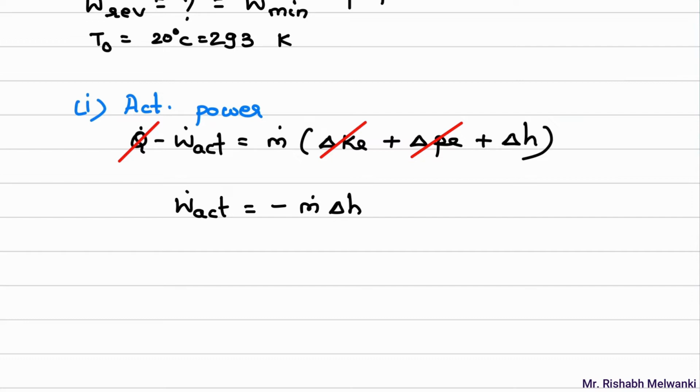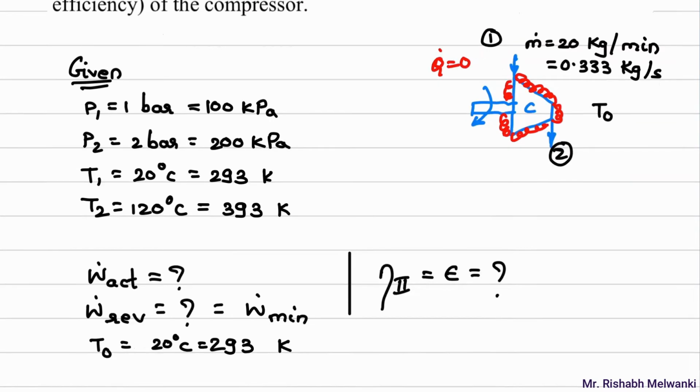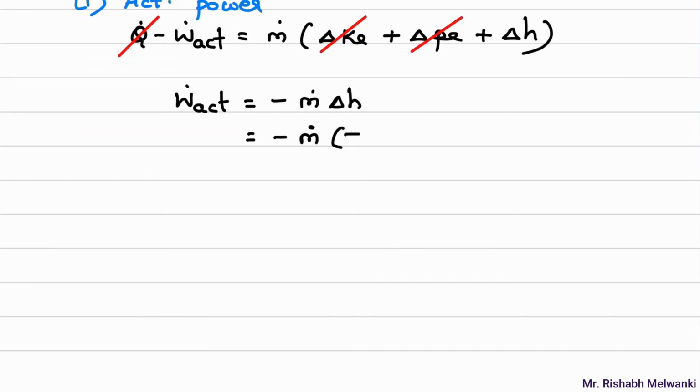So W dot actual is minus m dot into delta H. What will be delta H? The process is from point 1 to point 2, so delta T will be T2 minus T1. Since we are calculating delta H, I write Cp in bracket T2 minus T1.